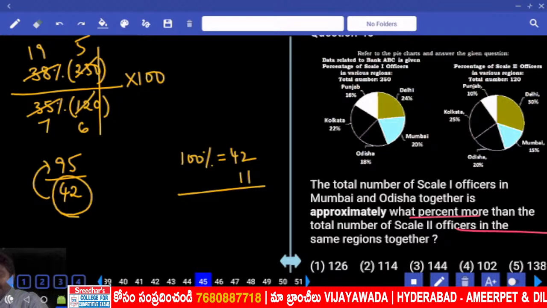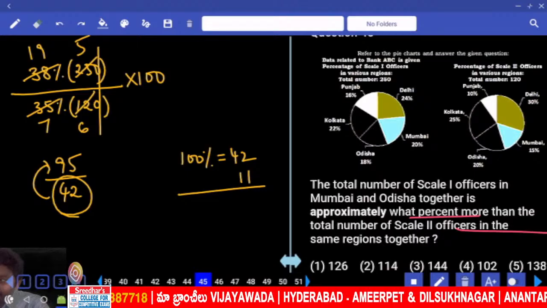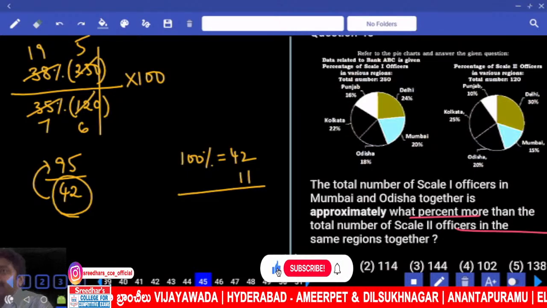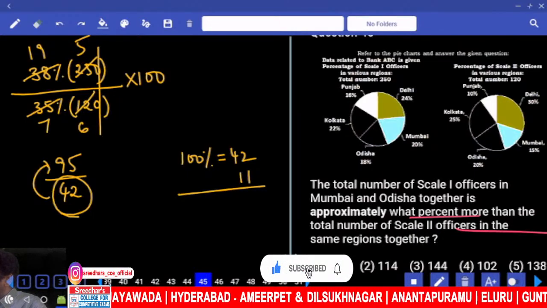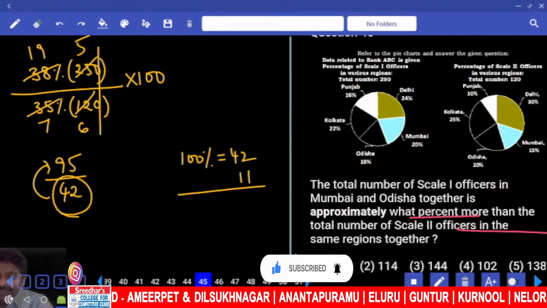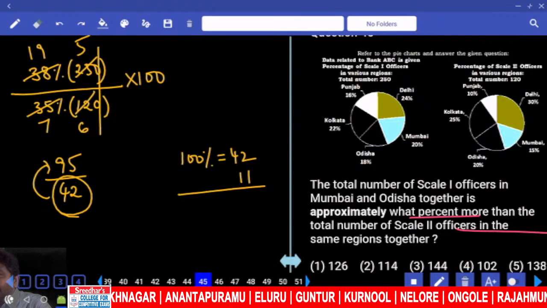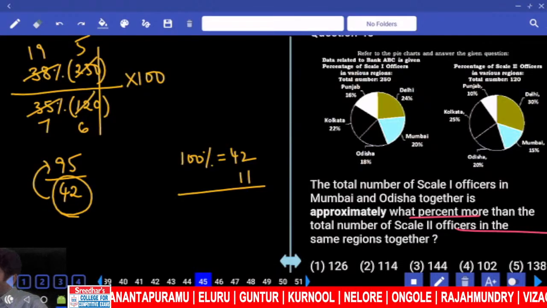What is 10%? 20%? 25%? 1/4 of the denominator, 10.5. Still you have to add more, right? What is 30%? 12.6.